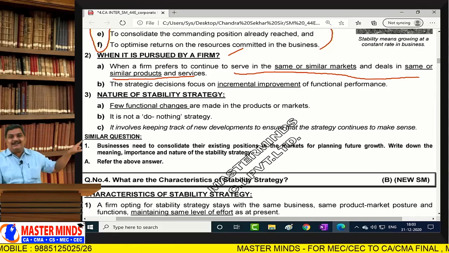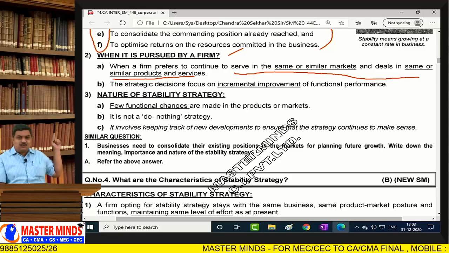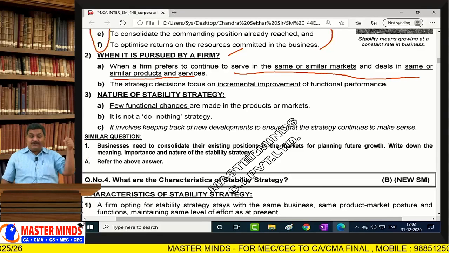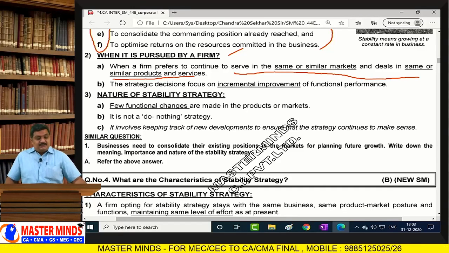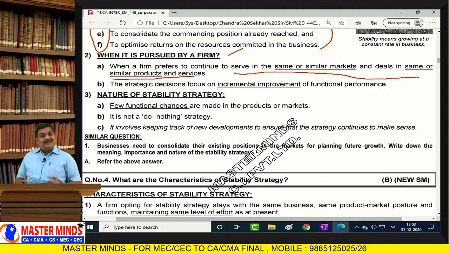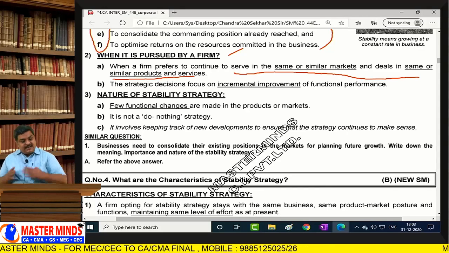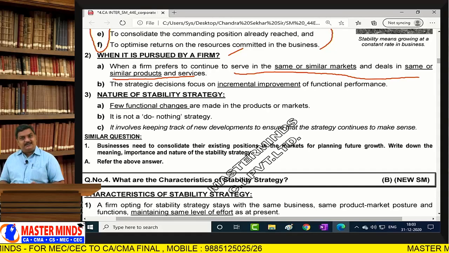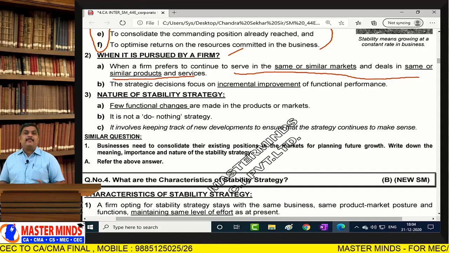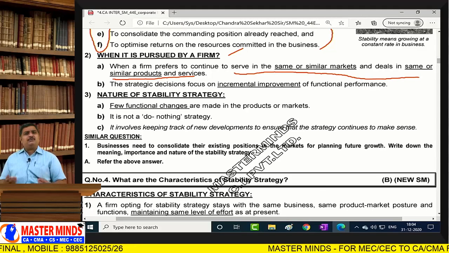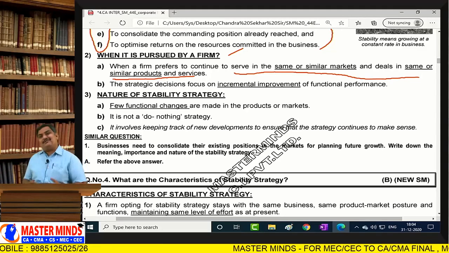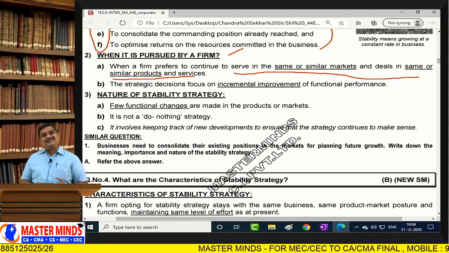Don't forget that second lesson. That is the most important thing, because on the basis of those concepts only, all these strategies are formulated. If a firm wants to maintain the same level of activity and pursue the same market and same product, but still wants to perform better, then stability strategy is to be followed. Sir, what should we do to follow the stability strategy? Already we told you: intensification strategy.